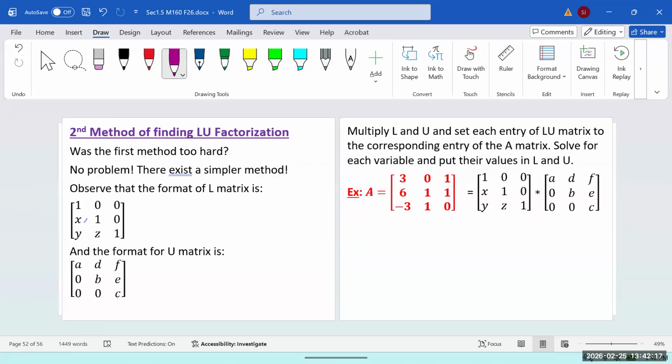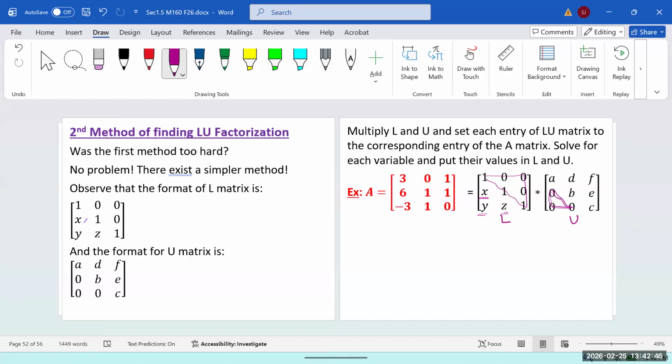So we know this is L times U. And we know our L is a unique lower triangular matrix. That means these are fixed. So the only 3 unknowns are x, y, z. And we know our upper triangular matrix has these 3 things fixed.